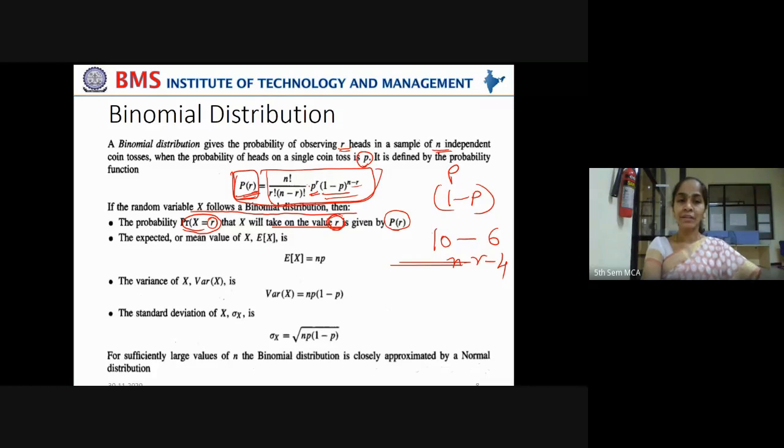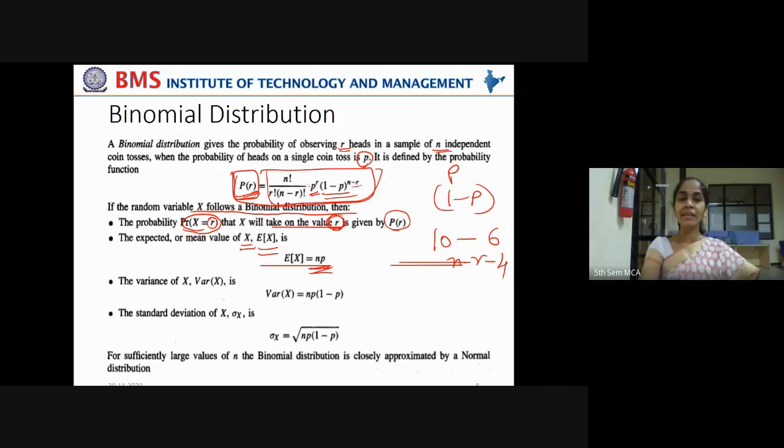That is why the expected or mean value of this random variable x, which can be denoted by E of x, that is mean of x, can be represented as n into p. N is the number of coin tosses and p is the probability of observing head on a single coin toss.